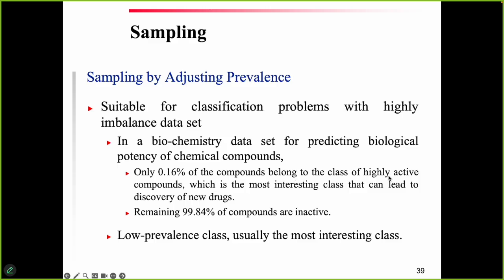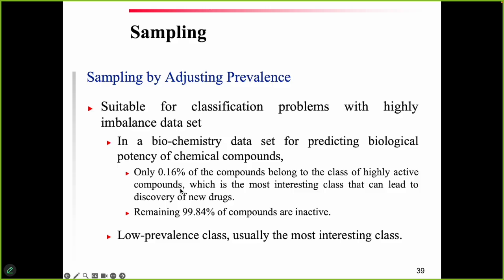So if you do random sampling, there is a chance that in your sample, you didn't cover any of this class. And so you're not capturing the most important part of your data, which you need for prediction, because this is what can lead to discovery of new drugs, that 0.1% belonging to highly active compounds.